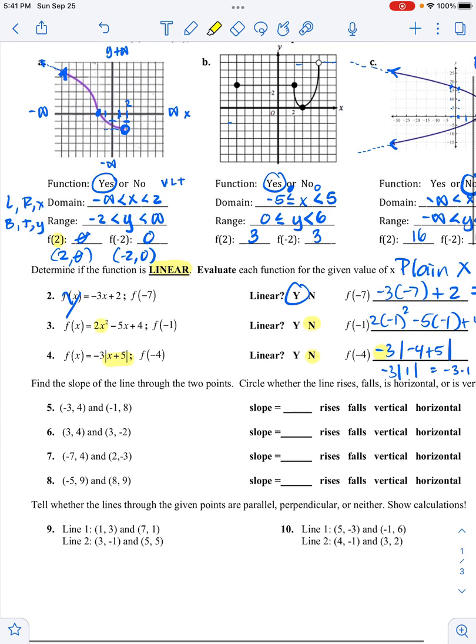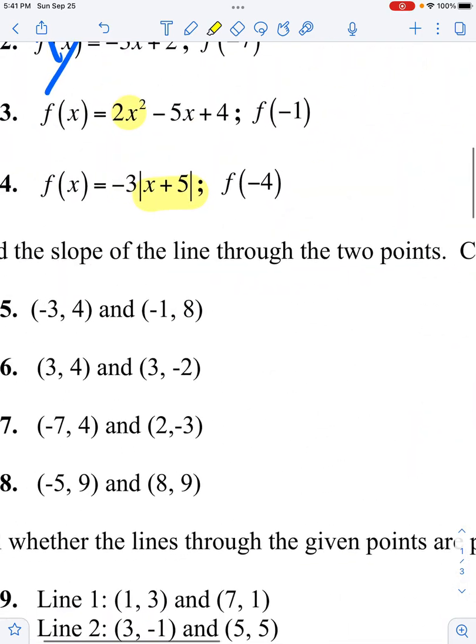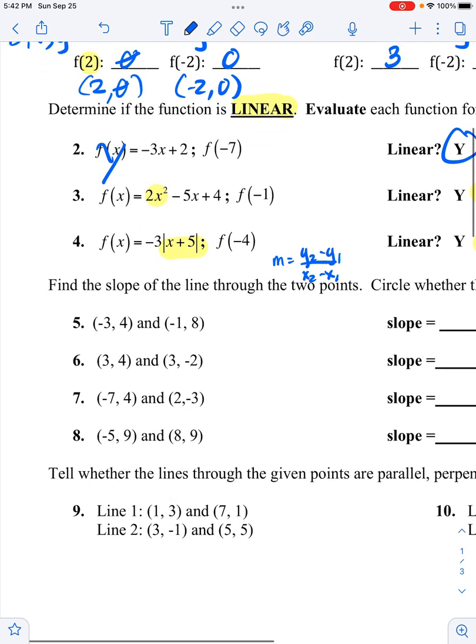Keep in mind that to find the slope through the points, we need to use the slope formula. So we would be taking our y2 minus y1 over x2 minus x1 over and over and over again. You're going to do that so many times.